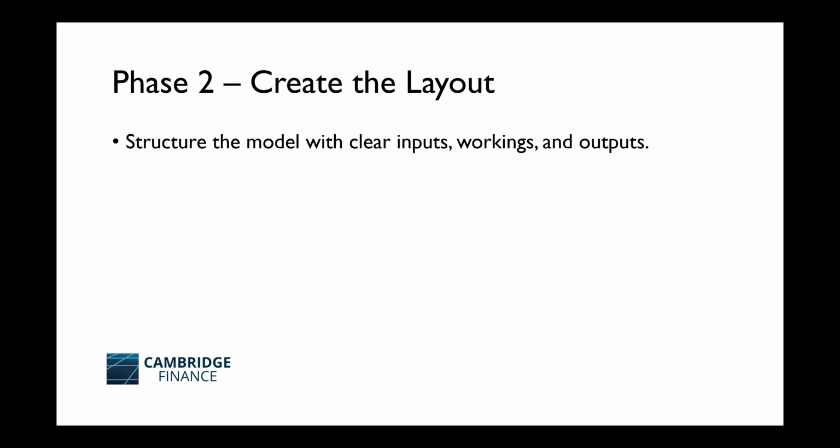What I mean by layout is where your inputs are and where your outputs are. What I always say is that I start with the outputs first. When I build financial models from scratch for clients, I need to understand how they make their investment decisions, which means understanding the KPIs. Are they after a profit, an IRR, a net present value?